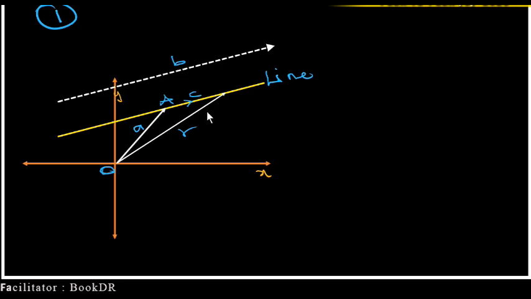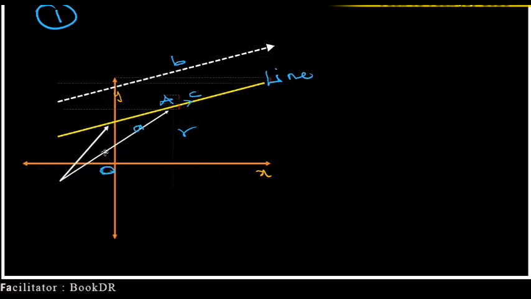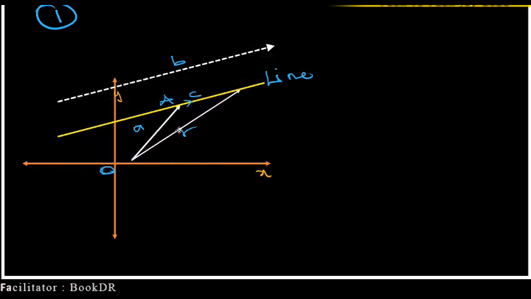The vector equation that we have to provide will be an expression for R, such that anywhere we move these vectors along this line, the relation we give for R will still be true regardless.